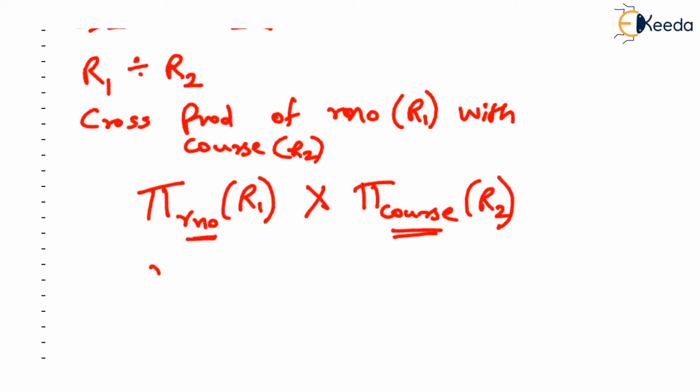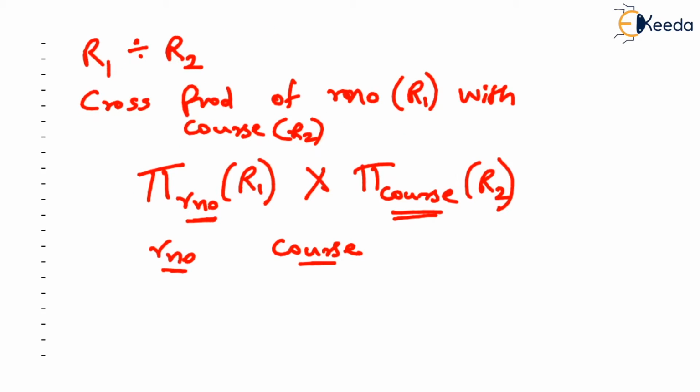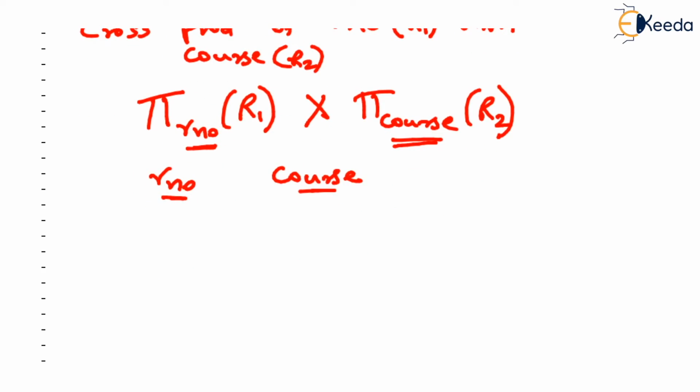The course we have taken from R2, the roll number from R1. So we are going to get 1 C1, 1 C2, 2 C1, 2 C2, 3 C1 and 3 C2. I hope you have understood the cross product.